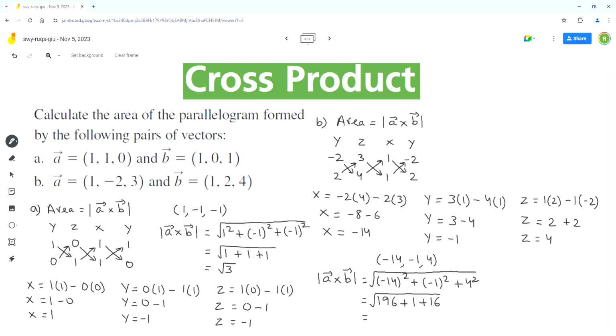And the sum of these numbers is equal to 213, and square root of 213 is equal to almost 14.6. So this is the area of the parallelogram formed by vectors in part B.